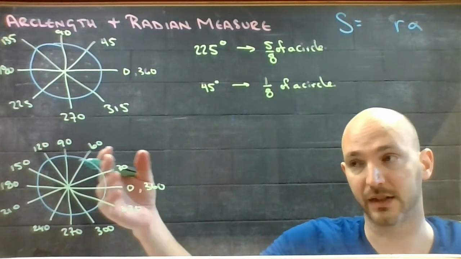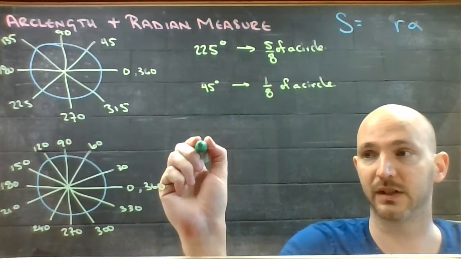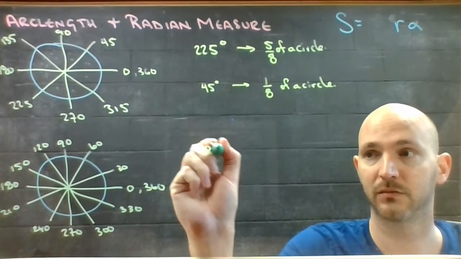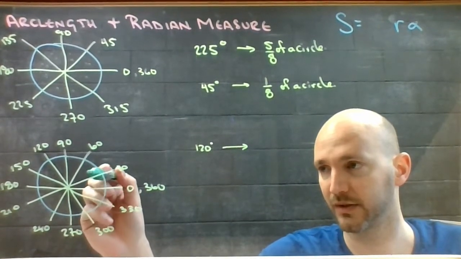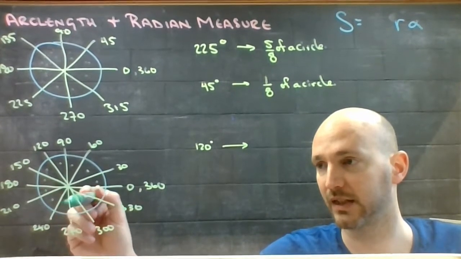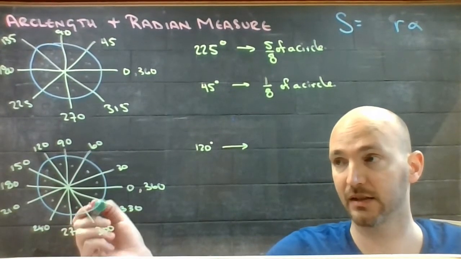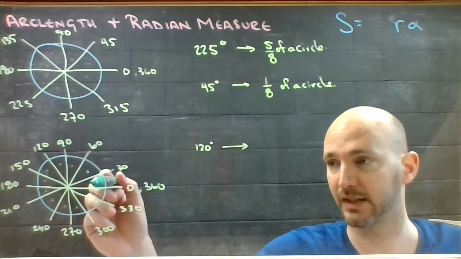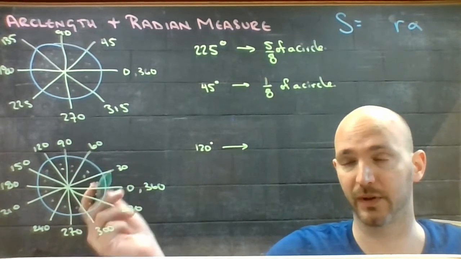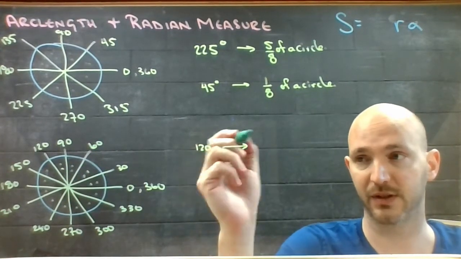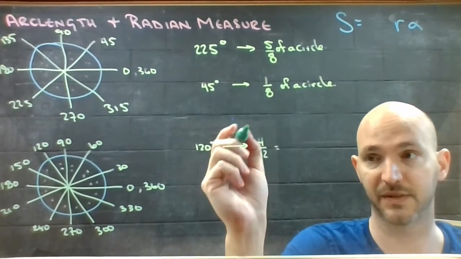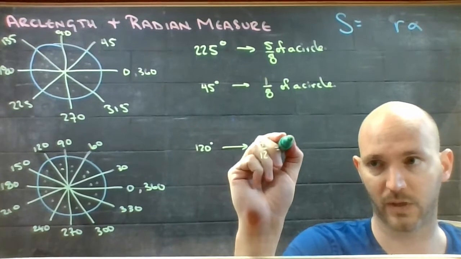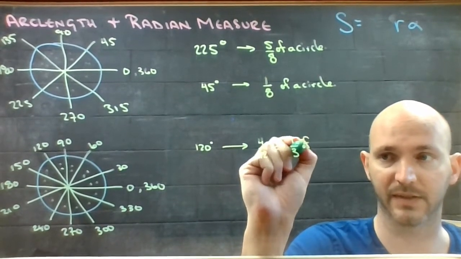So picking one down here, 120 degrees. Well, this circle's been cut up into 1, 2, 3, 4, 5, 6, 7, 8, 9, 10, 11, 12 pieces. And 120 takes up 1, 2, 3, 4 of them. So 120 degrees is 4/12, which happens to be 1/3 of a circle.